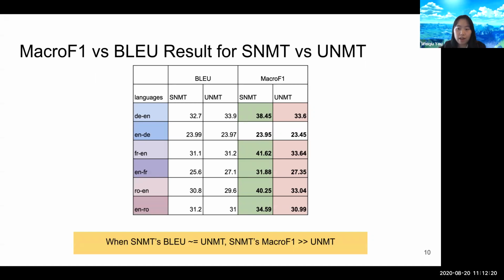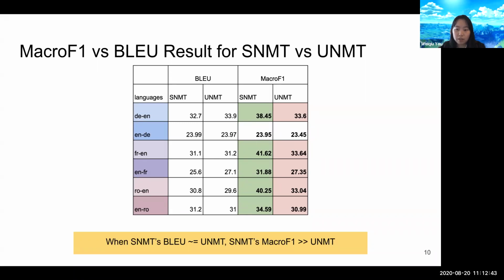So we have the XLM version of the UNMT model, and we have the BLEU for 3 language pairs in both directions. Then we select SNMT models to match the BLEU of UNMT models. SNMT models for English-German and German-English are trained ourselves.